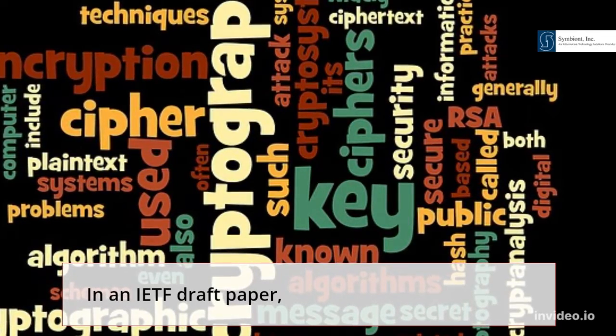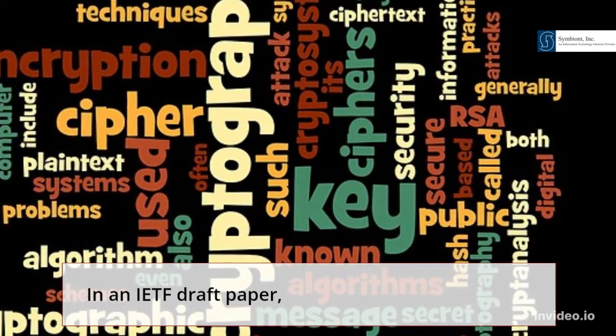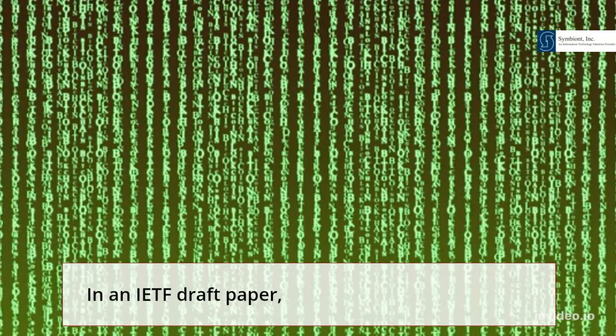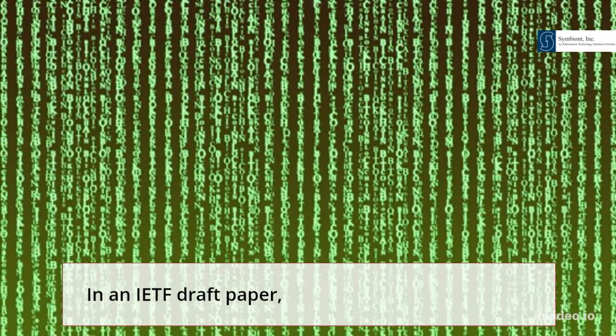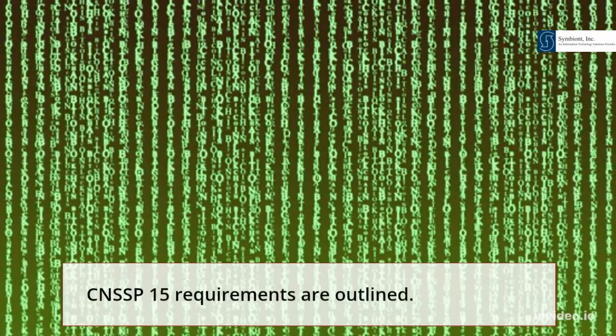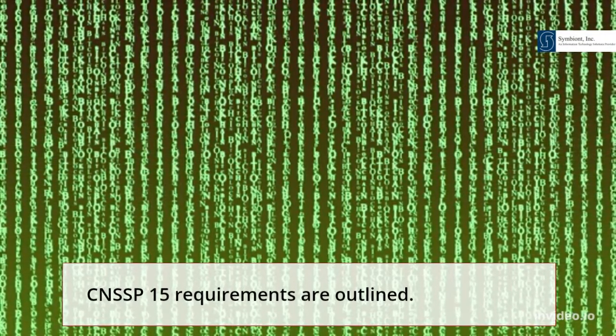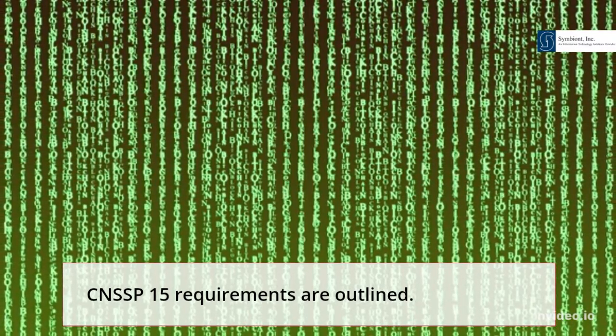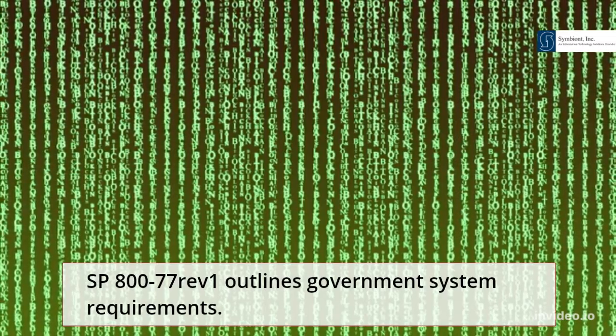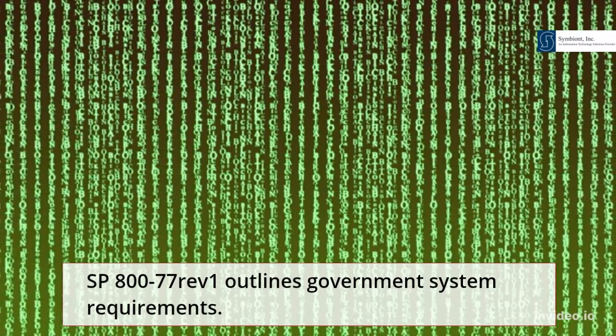In the draft IETF document, Commercial National Security Algorithm (CNSA) Suite Cryptography for Internet Protocol Security (IPsec), the requirements for CNSSP 15 are laid out. In 877 Revision 1, the requirements for other U.S. government systems are laid out.